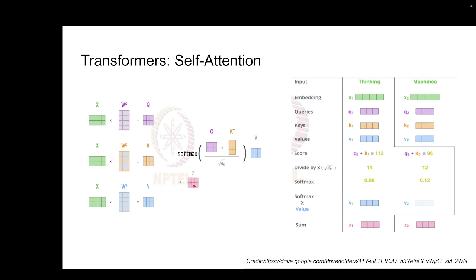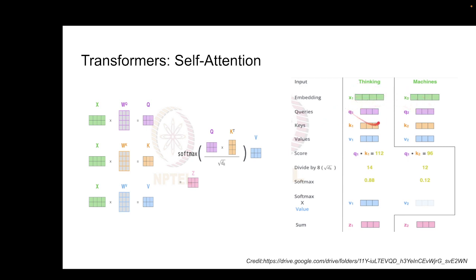Each of these is a much more context-rich representation of the individual words in the X matrix. As an example, like I said, suppose there are two words, thinking and machines. The original embeddings are given in x1 and x2.